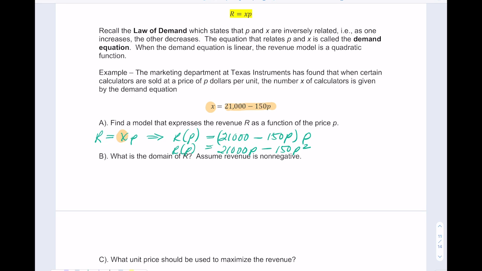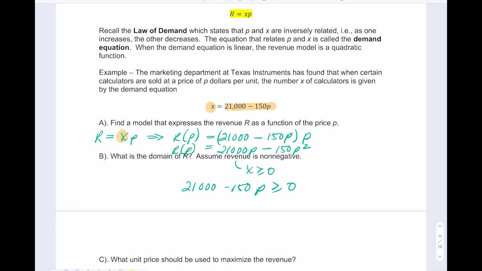Now, what's the domain? Remember, domain refers to the x values. If you think about it, this is saying the revenue is non-negative, so that just means it's got to be greater than or equal to 0. Well, what is X? X is 21,000 minus 150p. It's saying it has to be greater than or equal to 0.